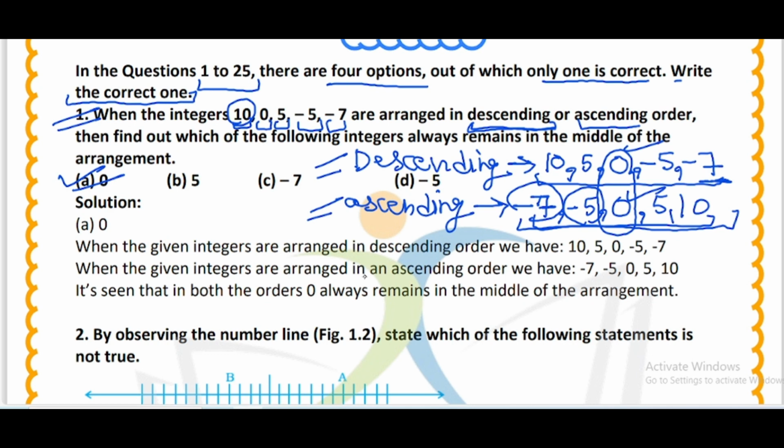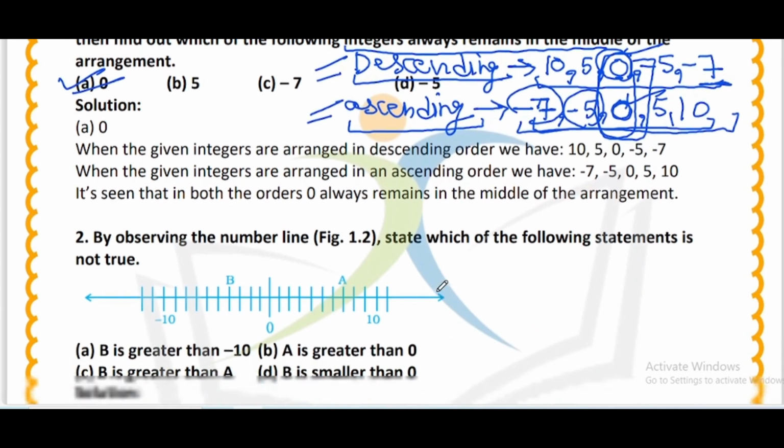Then the question is which integer always remains in the middle of the arrangement. The middle of the arrangement in descending order is 0 and in ascending order the middle is also 0. It means the place of the 0 remains the same. Then the right answer is part A.